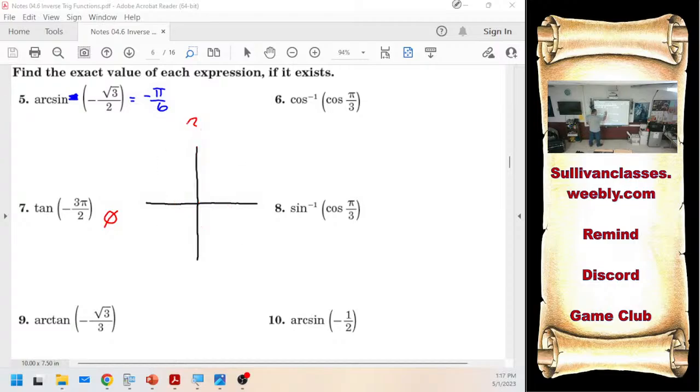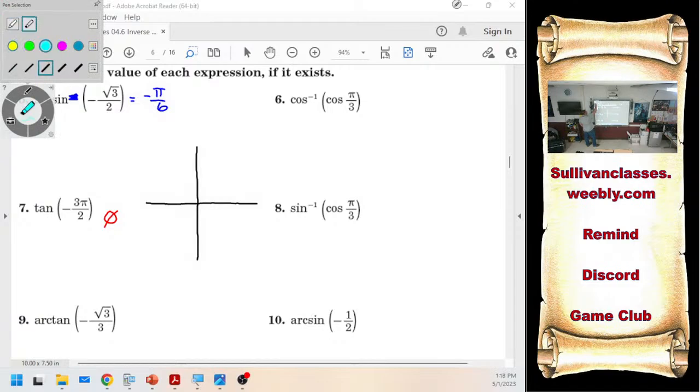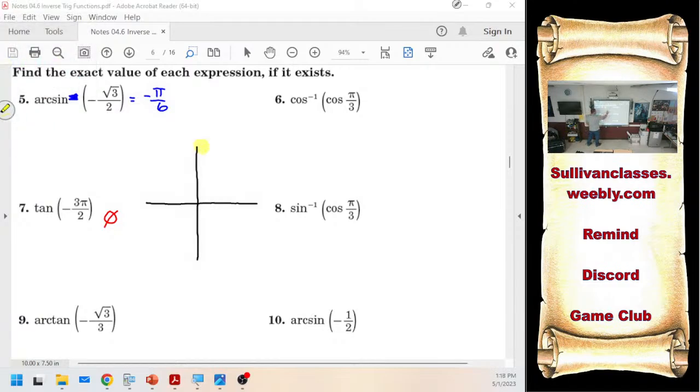Okay. Next one, arctangent. Arctangent is, again, in these two quadrants.